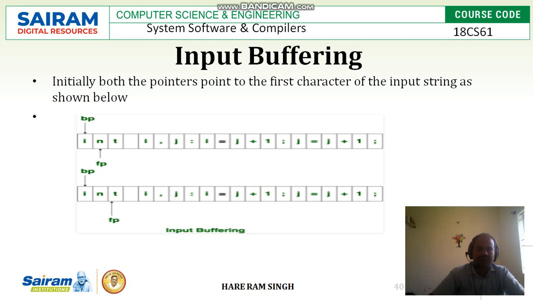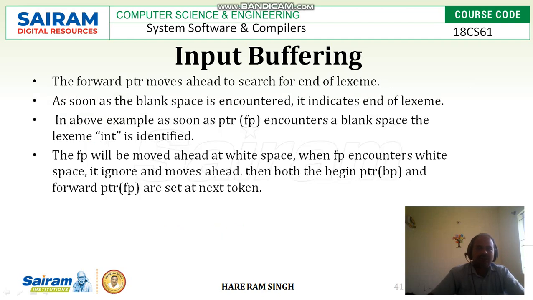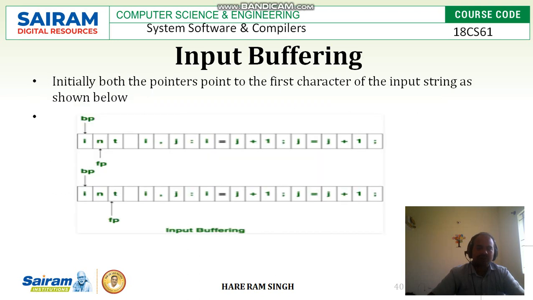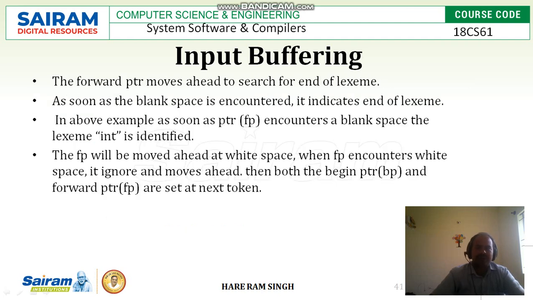Once it does, the forward pointer moves ahead to search for the end of the lexeme. As soon as the blank space is encountered, it indicates the end of the lexeme. So once the forward pointer moves from T to the blank space, int will be considered as one lexeme.